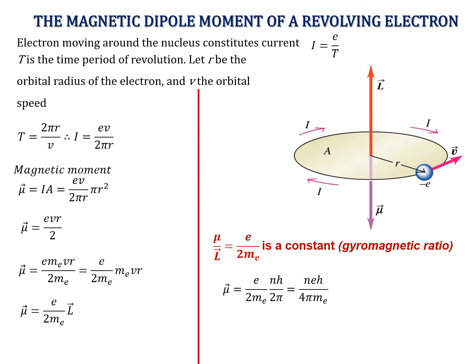So in this expression, if we take n as 1, we get the result mu is equals to eh upon 4 pi me. We know in hydrogen atom there is only one orbit and only one electron is present. So if we find out the magnetic moment for electron in the hydrogen atom, n will be equals to 1, and the result is eh upon 4 pi me. And this constant is known as Bohr magneton. So we have derived expression for magnetic dipole moment of an electron revolving around the nucleus.